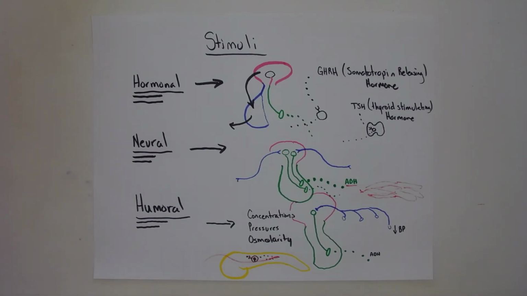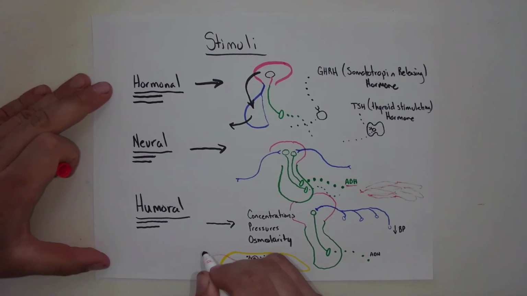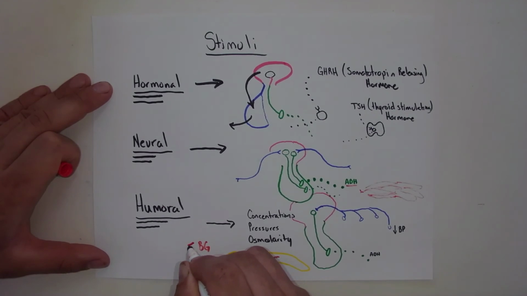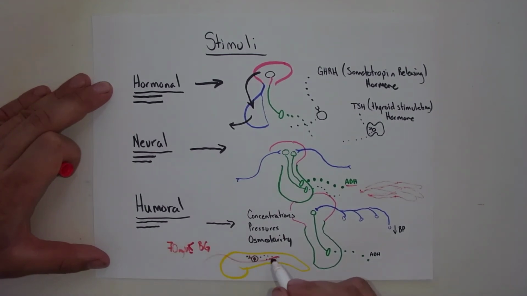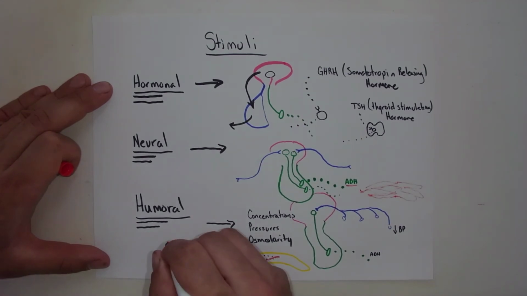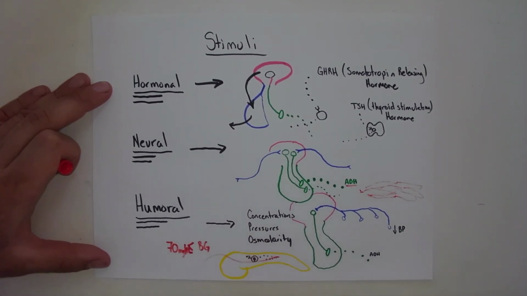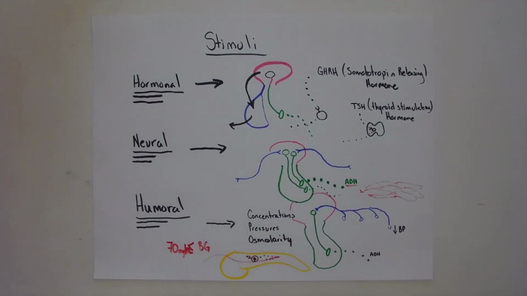And when blood glucose concentrations rise above 70 milligrams per deciliter, we're going to release some insulin in response to that. So that would be a per deciliter, dL, deciliter. This would be an example of humoral stimuli.